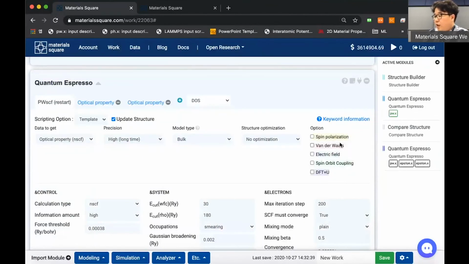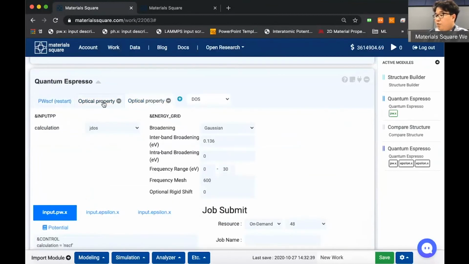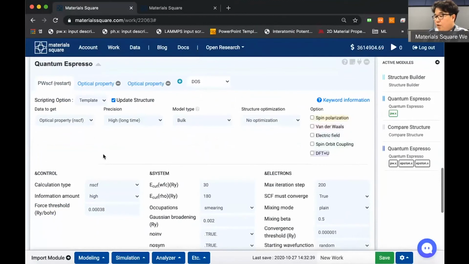When you select Quantum ESPRESSO, this module automatically generates two post-processes. One of those is the EPS calculation. The other is the joint density of states calculation, automatically generated. And the type is automatically optical properties with NSCF calculation.